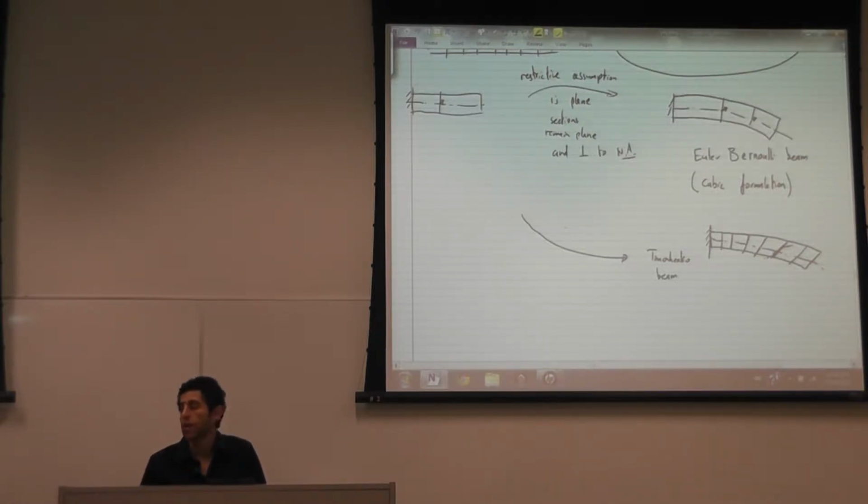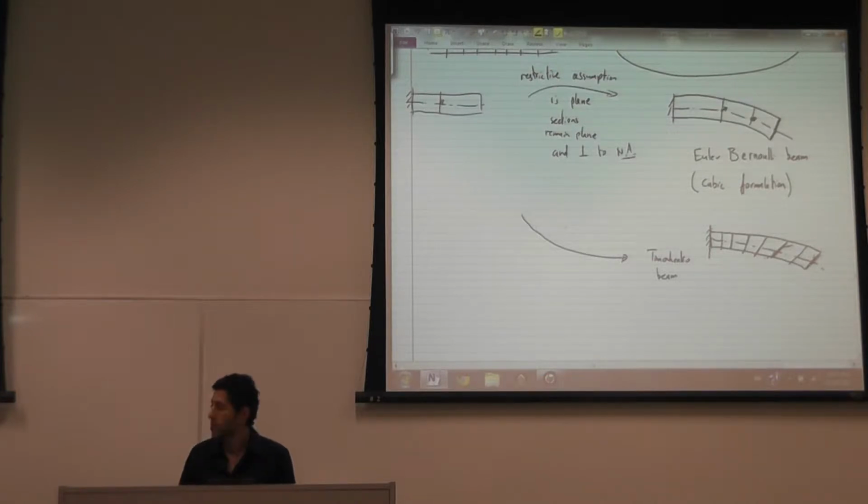So I don't need to know anything except the location of this point. Here, if I know the location of this point and the shear angle, I know everything else. So here, I need y and the shear angle. Here, all I need is y.